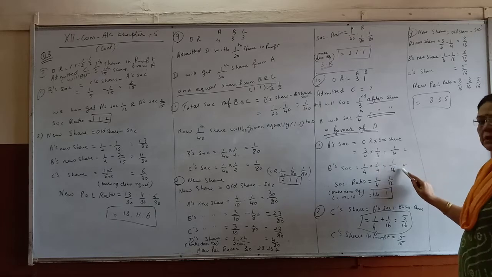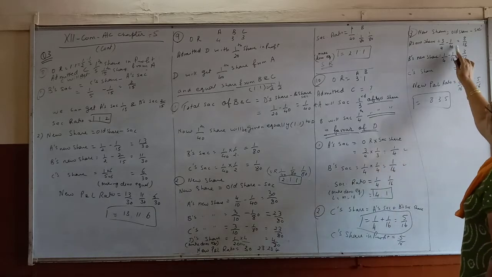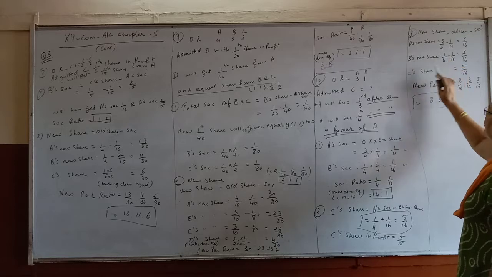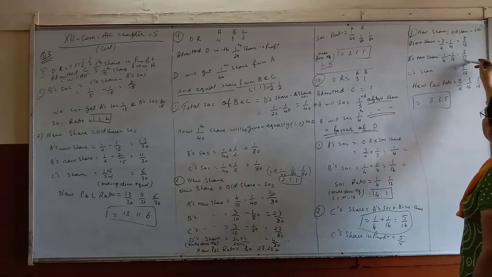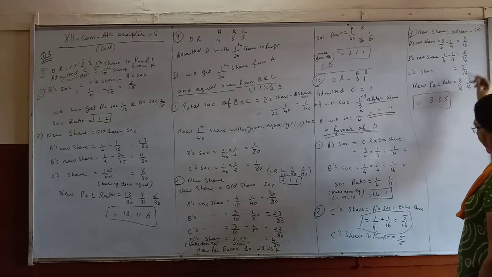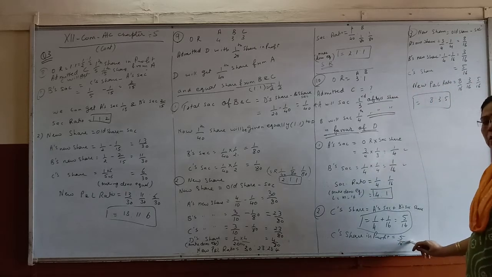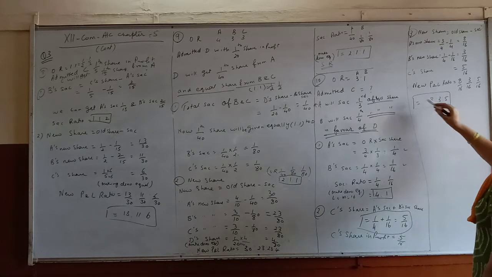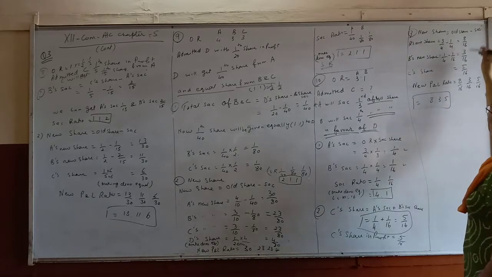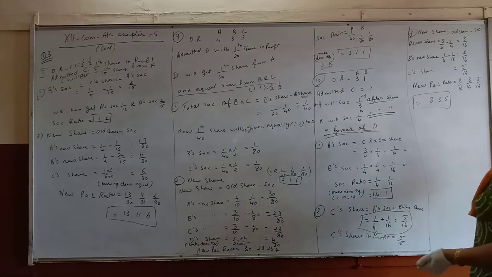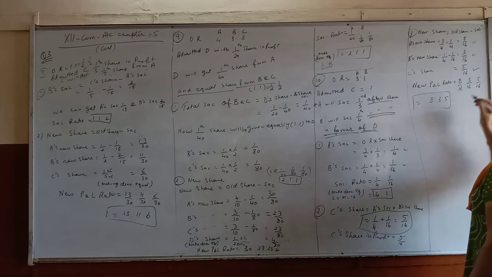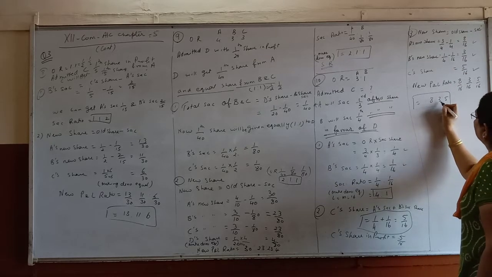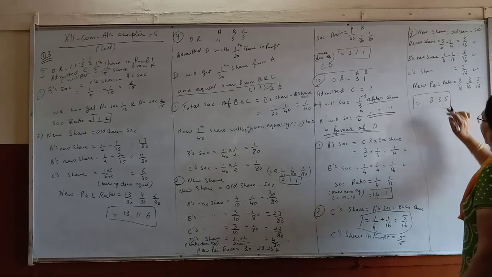B is sacrificing 1 upon 16, so minus 16 you will get 3 upon 16. And C's share is 5 upon 16, which we have just found out. The denominator is equal, so no need to make it equal. So you will get the new P&L ratio 8 upon 16, 3 upon 16 and 5 upon 16. So it is 8 is to 3 is to 5.